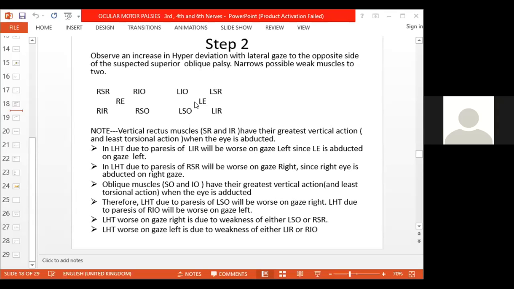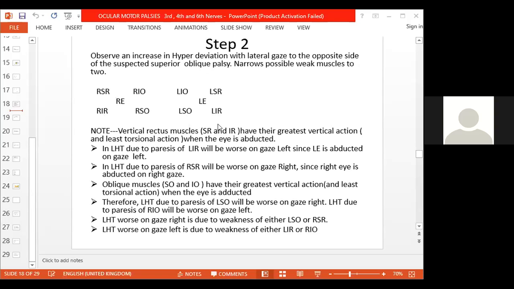That center is telling us left eye. This center is telling us right eye. Now, on the lateral side, in the right eye, you have the superior rectus. You also have the inferior rectus. Then the medial muscles are the right inferior oblique and the right superior oblique.